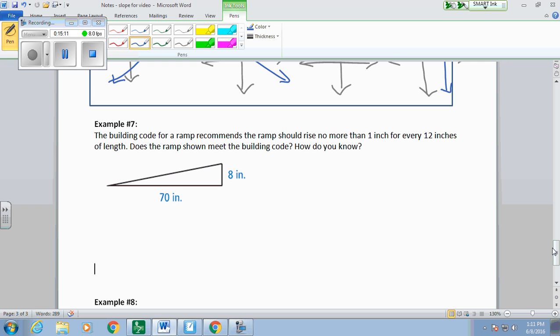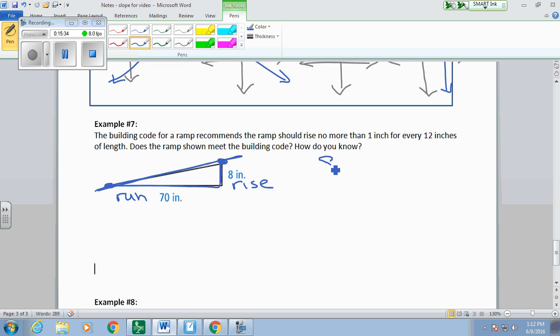How do we know? So again, this is a straight line right here. They didn't give us the coordinates of these points that I'm plotting here, but when we have the two coordinates on our graph, we are really just comparing the rise and the run. And that's what they've given us. This is the rise, and this is the run.